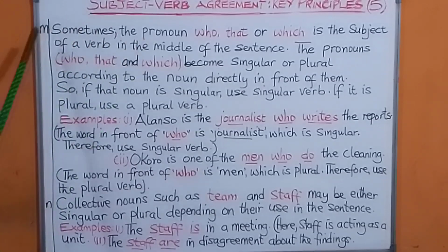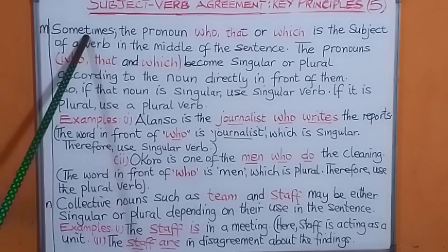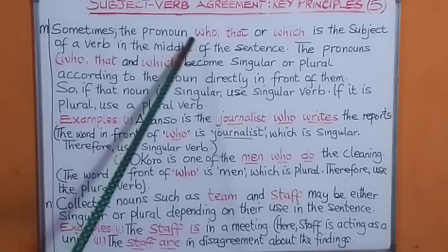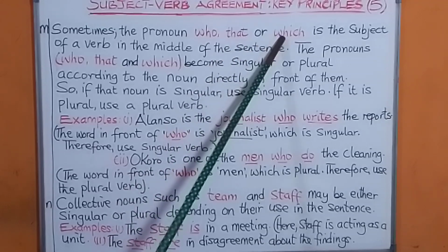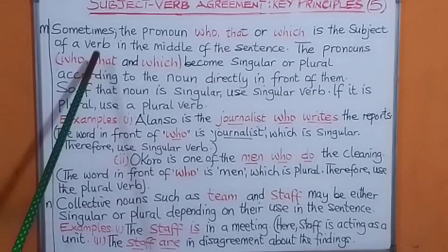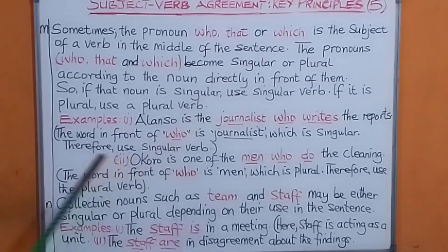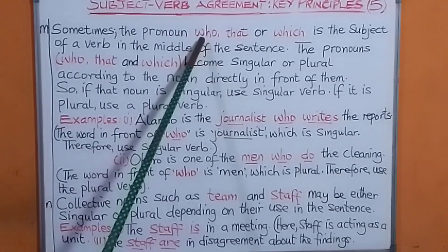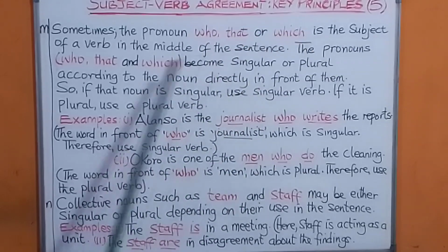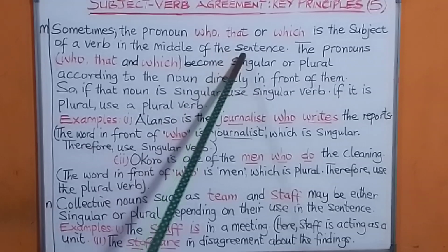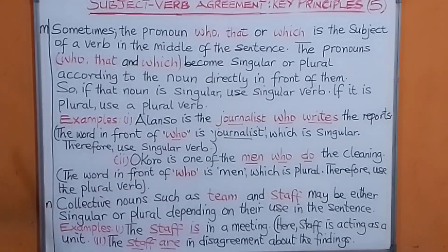So let's look at rule M. Sometimes the pronoun who, that, or which is the subject of a verb in the middle of a sentence. Sometimes you may use the pronoun who, or that, or which as a subject of the verb in the middle of the sentence.